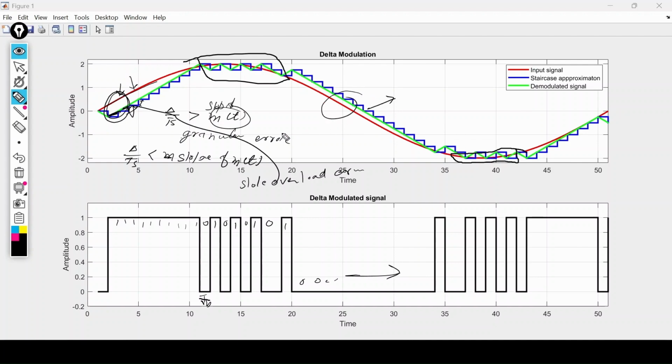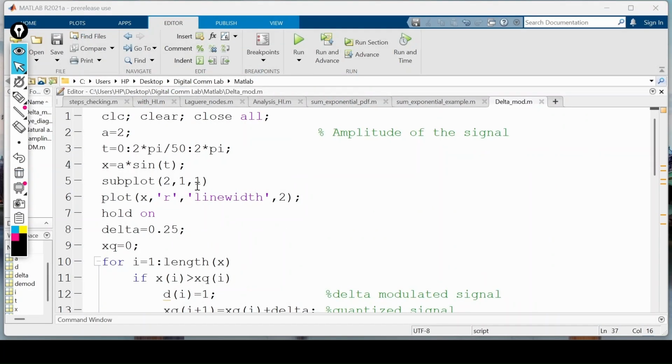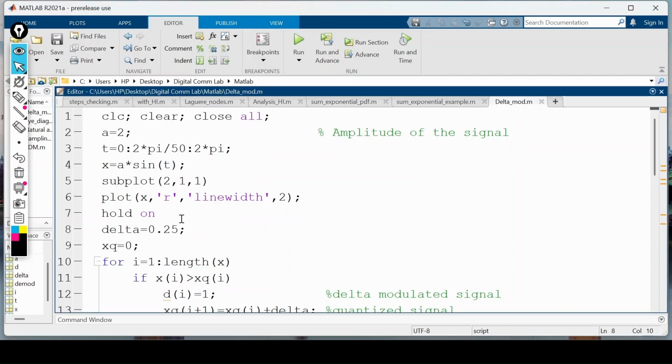If you reduce the delta or increase the delta, we have assumed delta equals 0.25. So let's increase the delta to 0.5. Then run the program again.